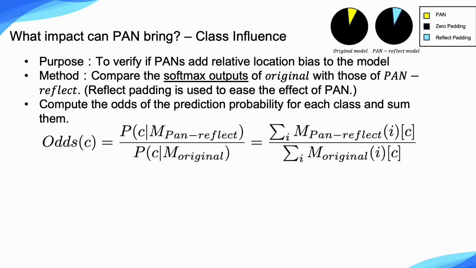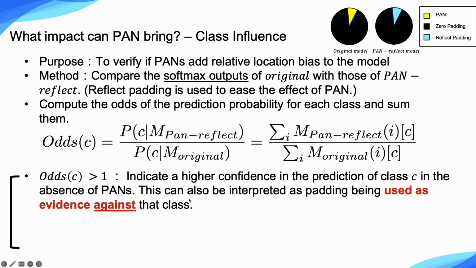To be precise, they compute the odds of prediction probability for each class and sum them. And there are 3 possible outcomes. First, if the odds is greater than 1, it indicates a higher confidence in the prediction of class C in the absence of pens.